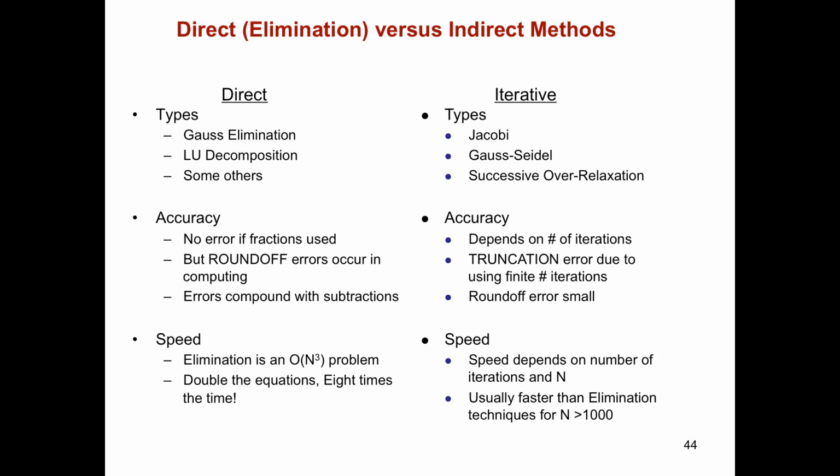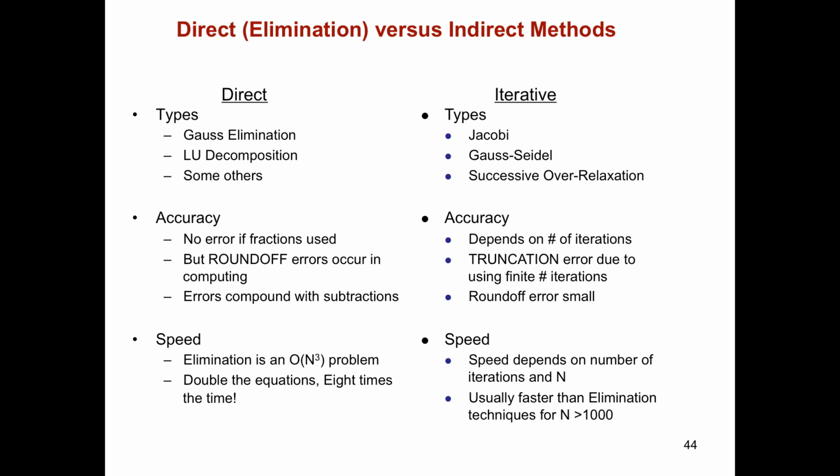Now, the error in iterative methods is basically just truncation error, because I will always stop my iterations and not go further, and the actual round-off error is relatively small because I'm not doing all of this multiplication of one row, adding it to or subtracting it from another, which is where most of the round-off error is happening.